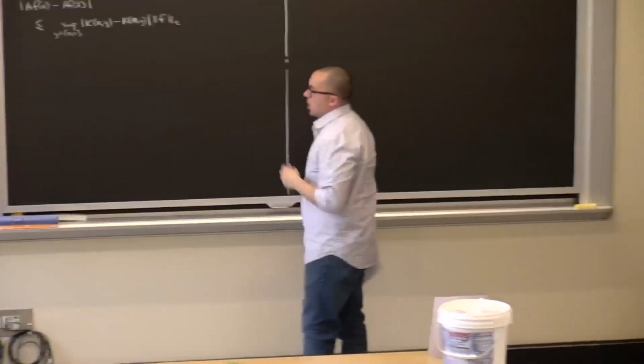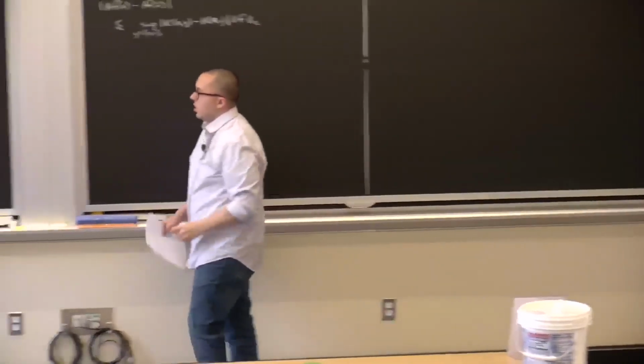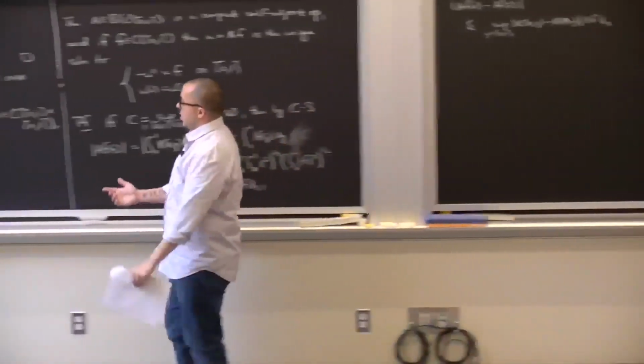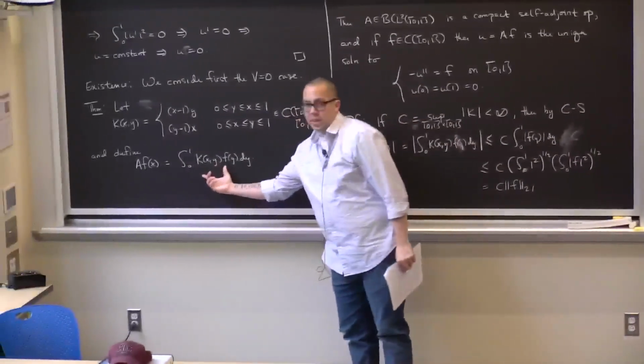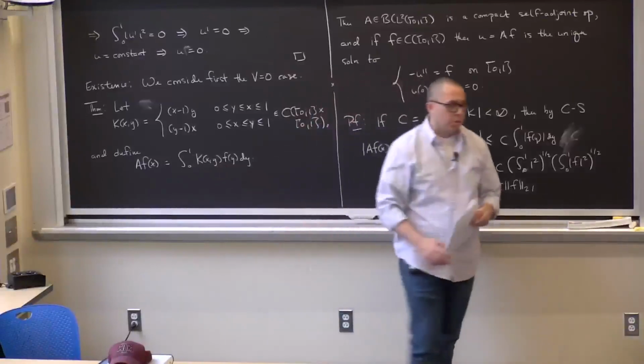Okay? So I'm not going to give all the details because I've actually assigned this problem before: if k is a continuous function, then this is a bounded compact operator on L2.